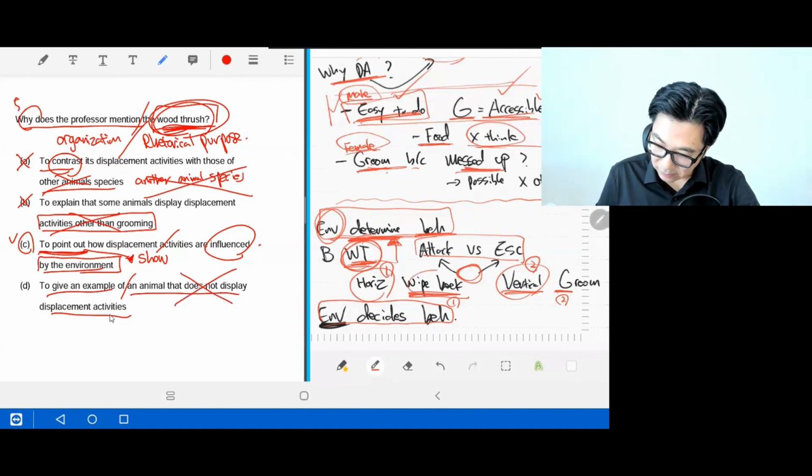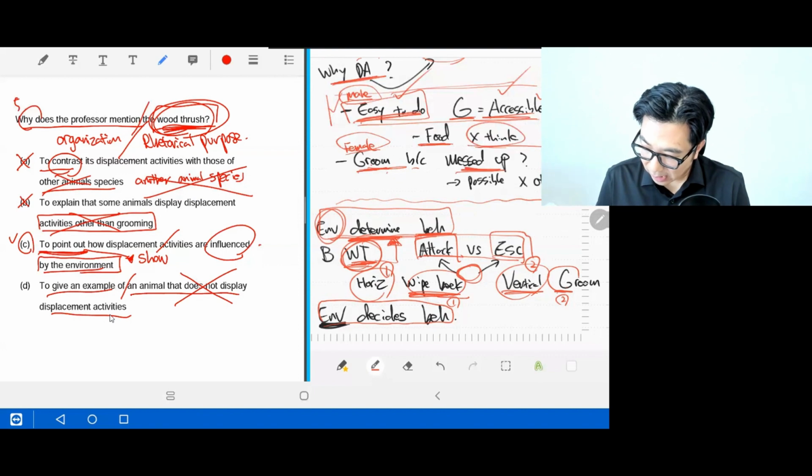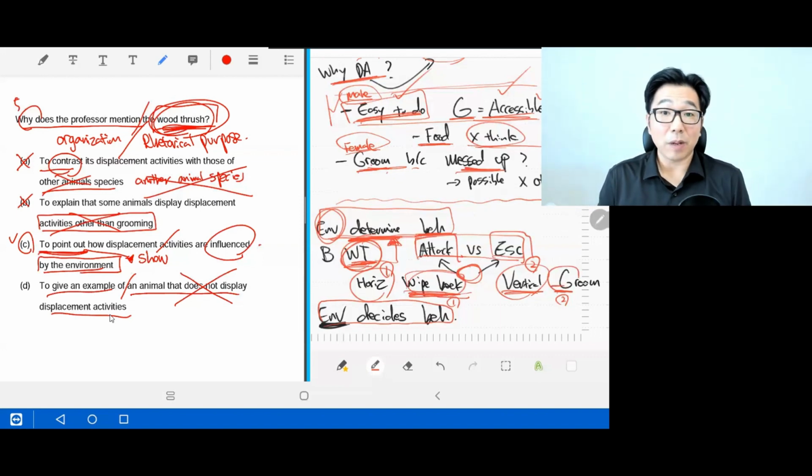These two activities are displacement activities, because what is an animal supposed to do if it did not show displacement activities? Yeah, the wood thrush is supposed to attack or escape, but instead the wood thrush wiped its beak or groomed itself. So both actions are actually displacement activities.